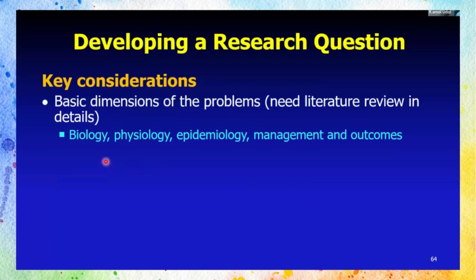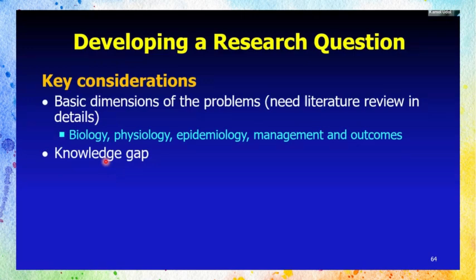You need to know about biology, physiology, epidemiology, management, and outcomes. You have to know that topic in detail to identify a knowledge gap. And this knowledge gap will lead to your research question.